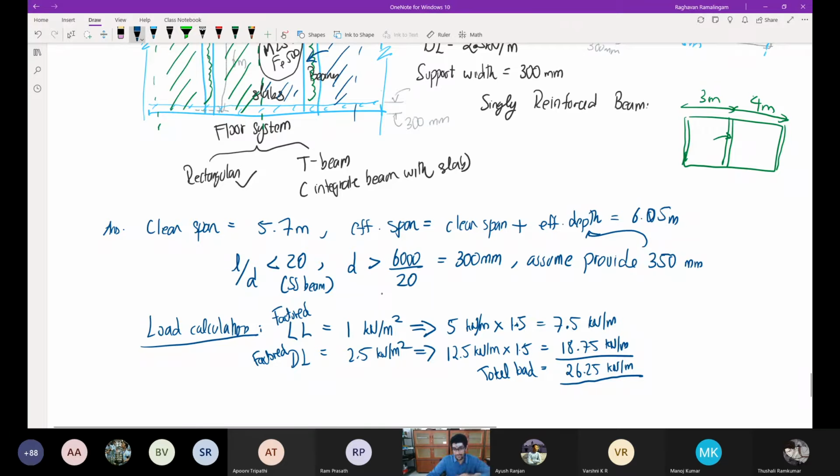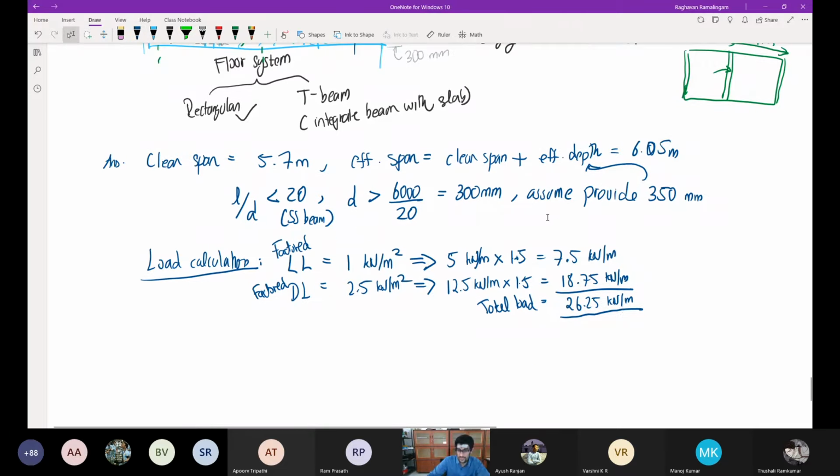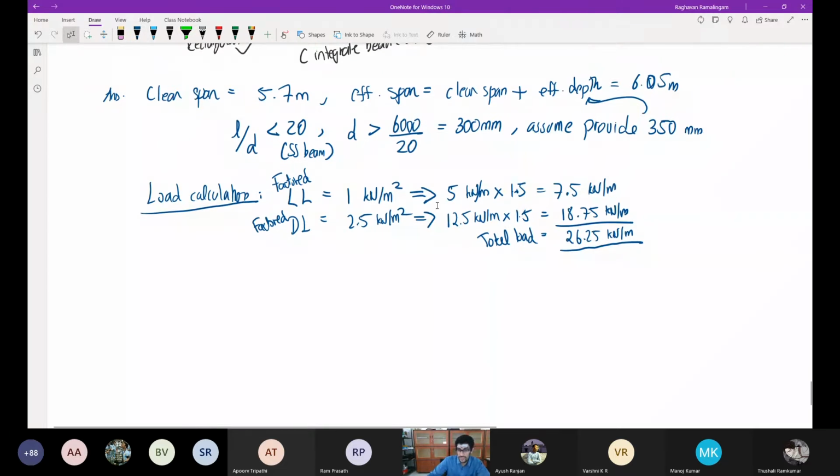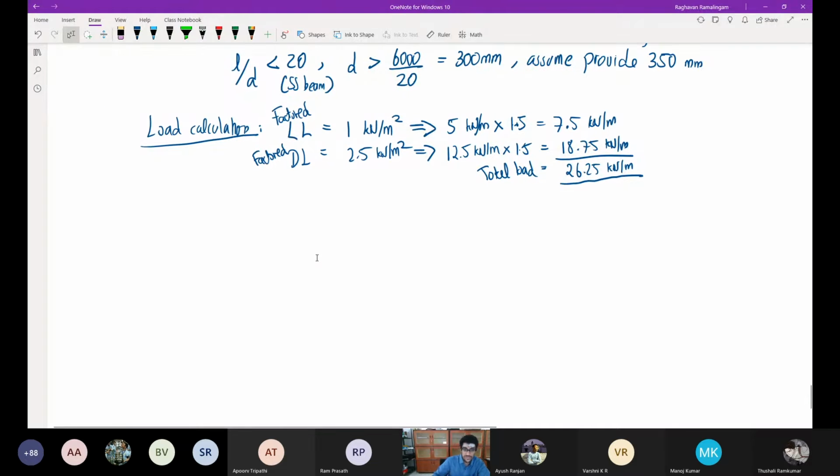Okay, now load is done, and we've also assumed some effective depth. So now our job is to find the moment. Already we have included the factor 1.5.